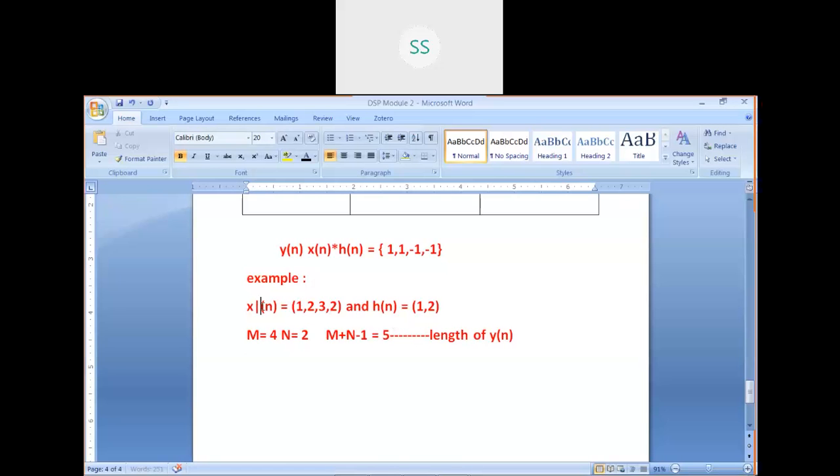Therefore now you write the new sequences. So x of n is now 1 2 3 2, appended to make the required length, so 1 0. Whereas in case of h of n, it will be 1 comma 2, then 3 zeros.